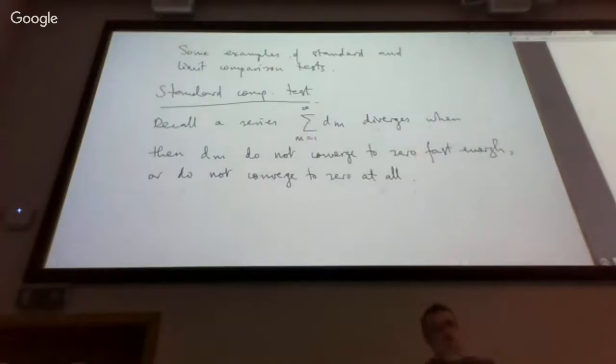So that's one way of describing why a series fails to converge, because either the terms do not converge to zero, or they might converge to zero, but they don't do so fast enough.